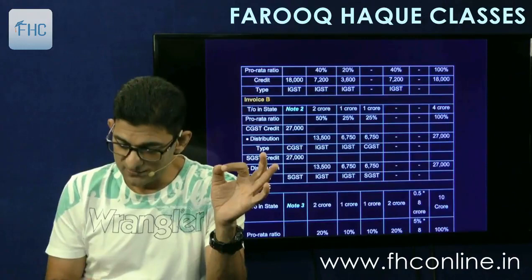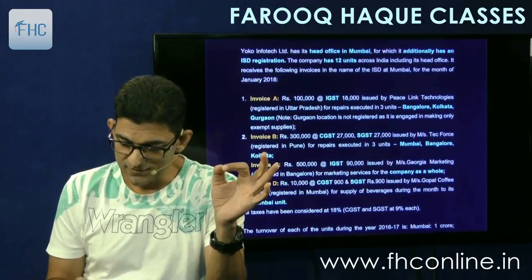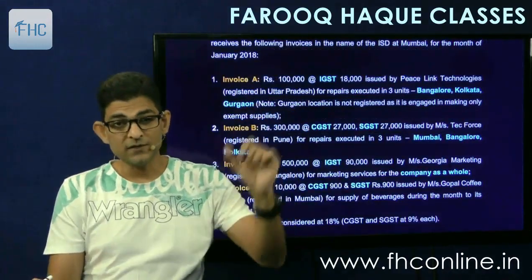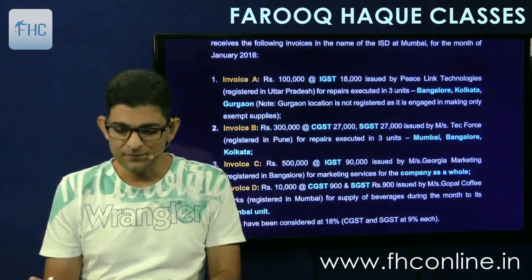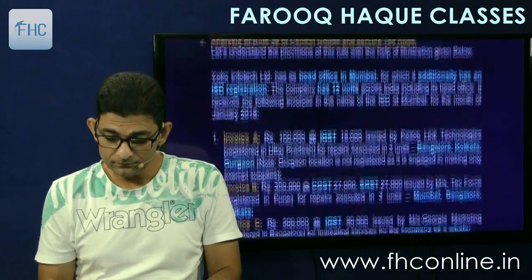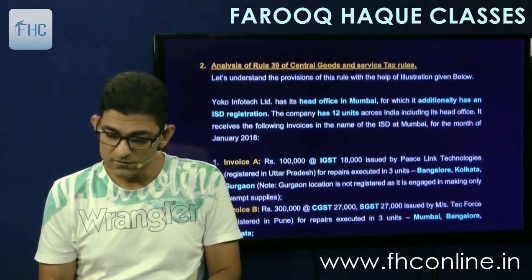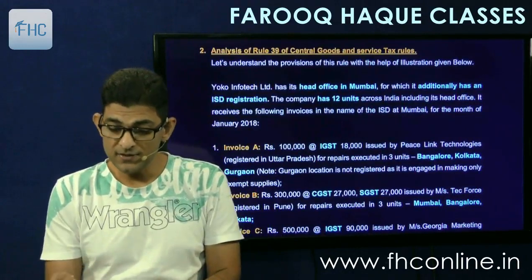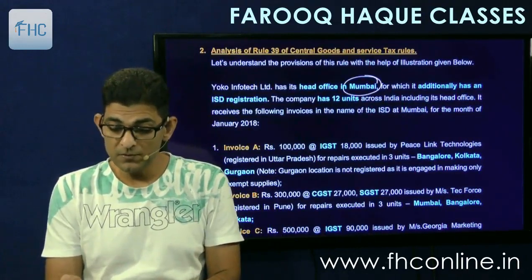Okay, let me explain this example to you. Let's see. I'll explain the logic here and then it is given in the answer. Invoice A. Okay, let's see above. Yoko Infotech Limited has its head office in Mumbai. So Mumbai means Maharashtra.